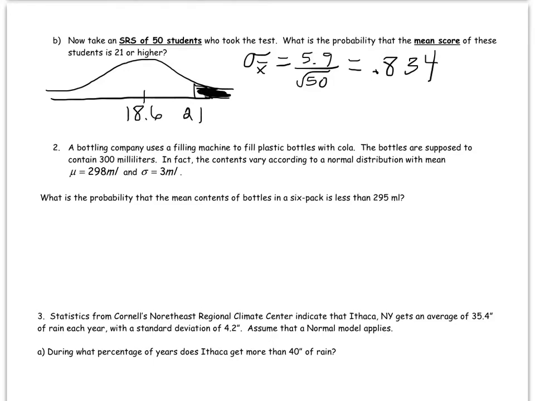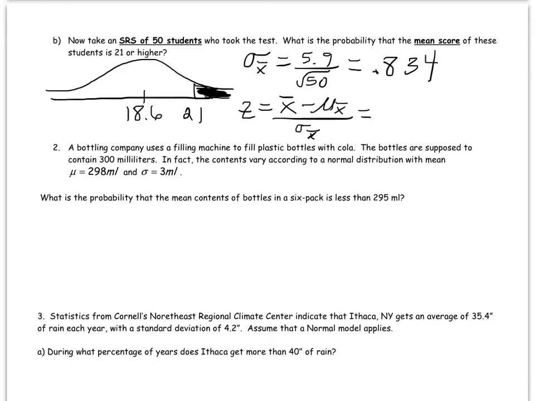So now I'm going to mark off 21, still looking for that area. When I compute my z-score, now it's the sample mean minus the average of the sample means, divided by the standard deviation of the sample means.